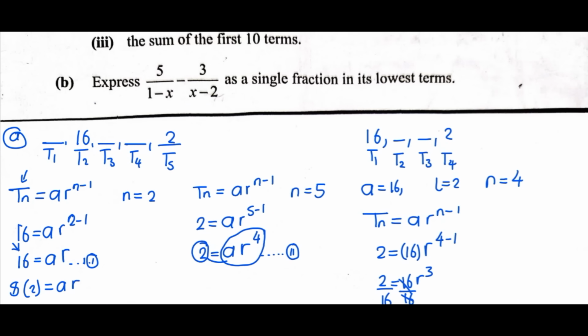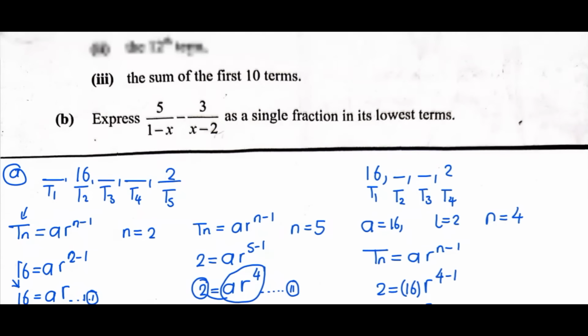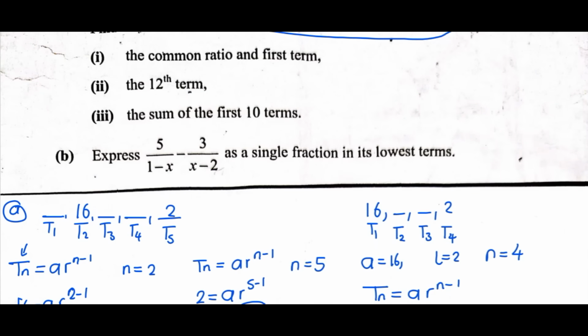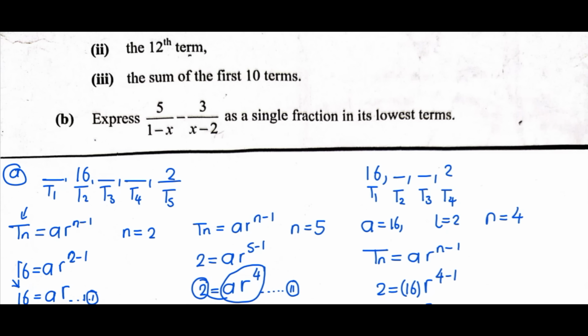Now the other question is, we found the common ratio, now we want to find the first term. So let's look at the sequence. The sequence is dash, 16, up to 2. We can see that this sequence was multiplied by a half.